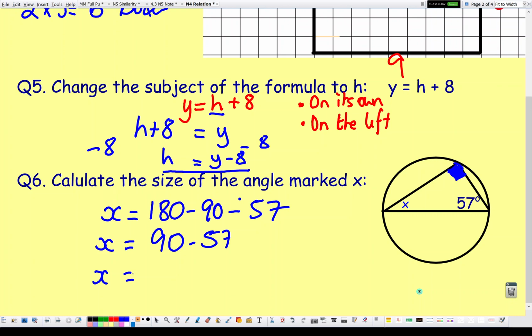It is, yeah, 33 degrees. Remember your degree sign, please. Okay, 180 minus 90 minus 57. You can just throw that in your calculator if you prefer, but I do want you to try and work on your numeracy, trying to do stuff in your head. Okay, that's question 6 done.